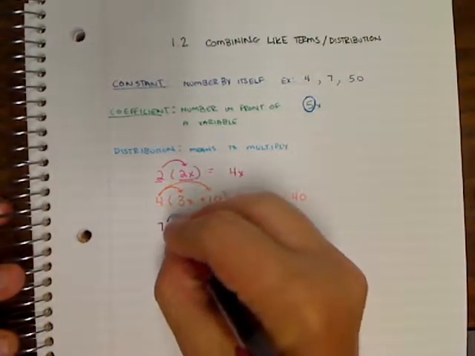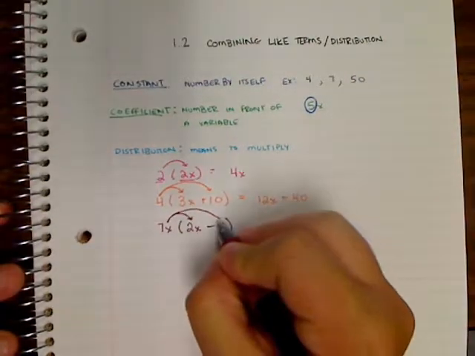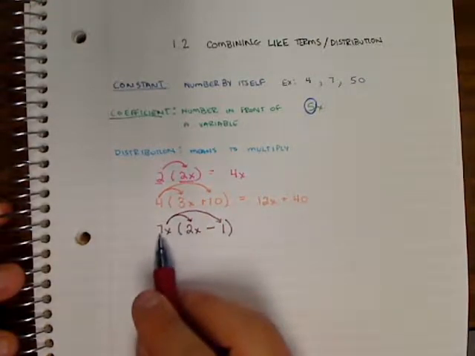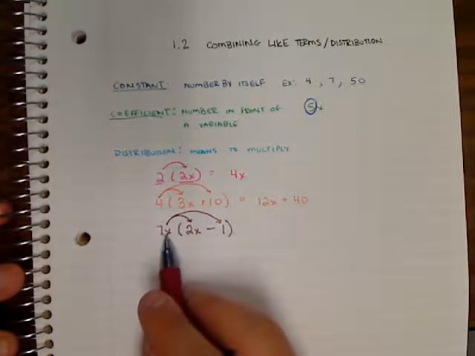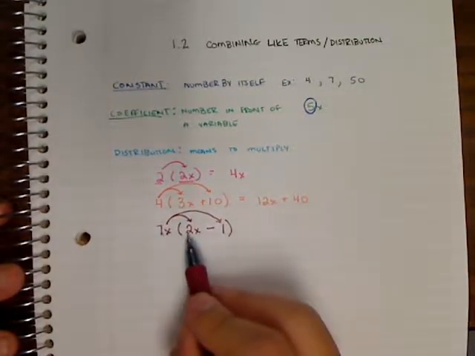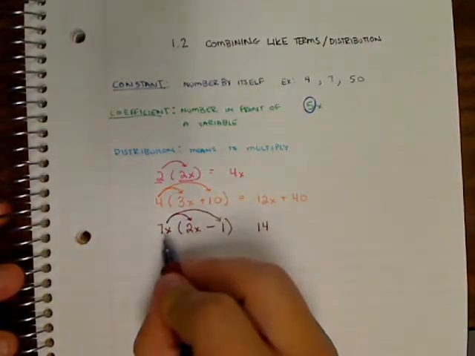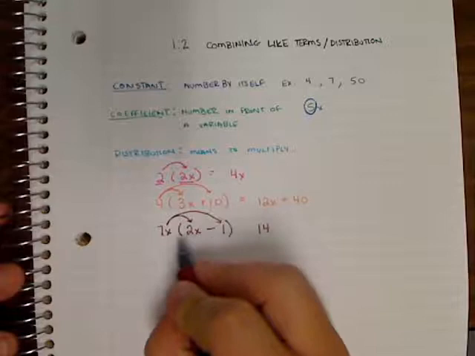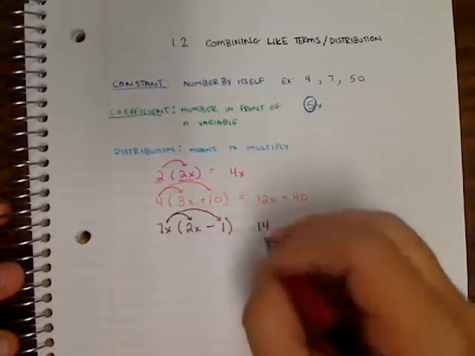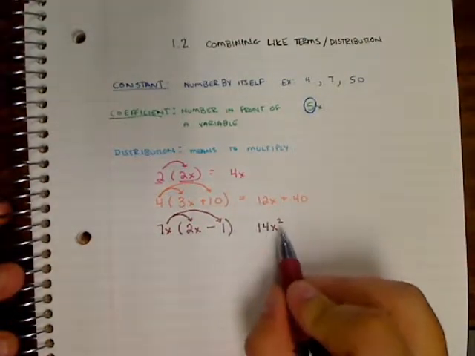So I've got to take 7x times 2x and 7x times negative 1. Now, we have to be careful here. Since there's two parts of this term, I've got to multiply both things. So you do 7 times 2, which will give me 14. And then I've got to take x times x. So it's times itself. Anything times itself is squared. So x times x will actually give me x squared. So I end up with 14x squared.